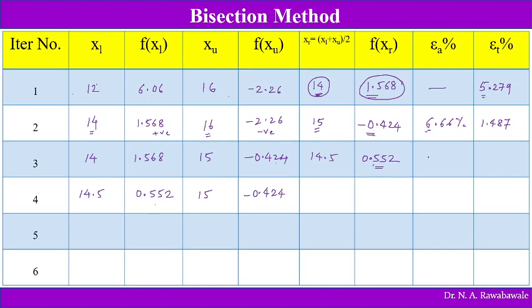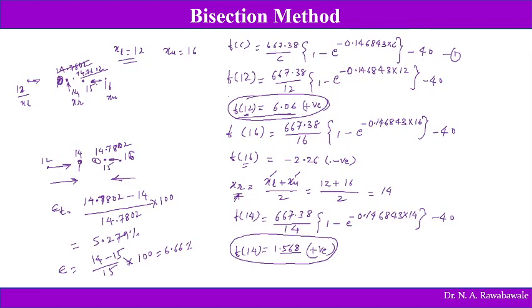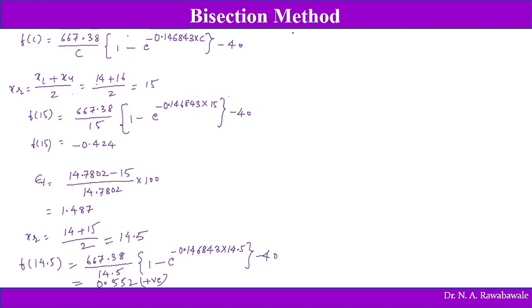So now again we have to find the approximate error. Earlier value was 15, new value is 14.5. To find the approximate error: earlier 15, revised value 14.5.